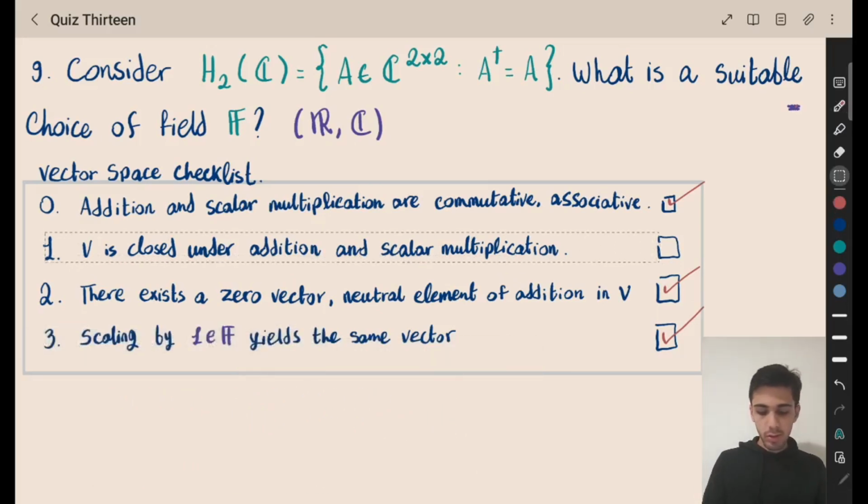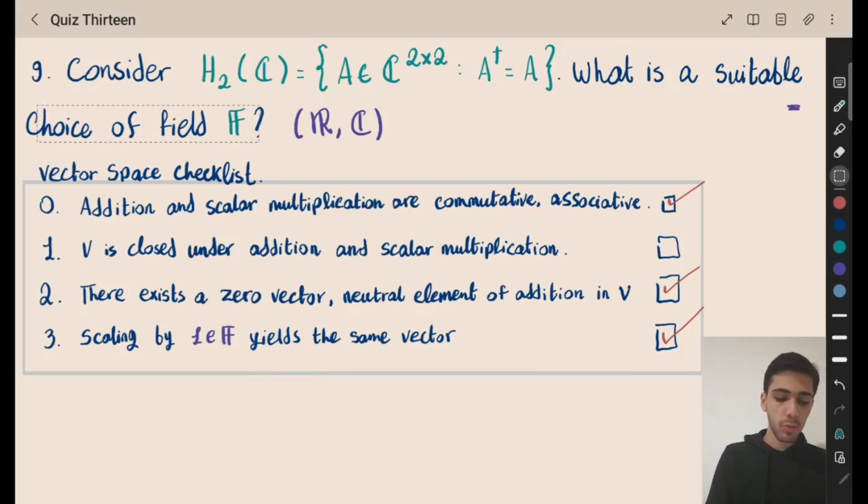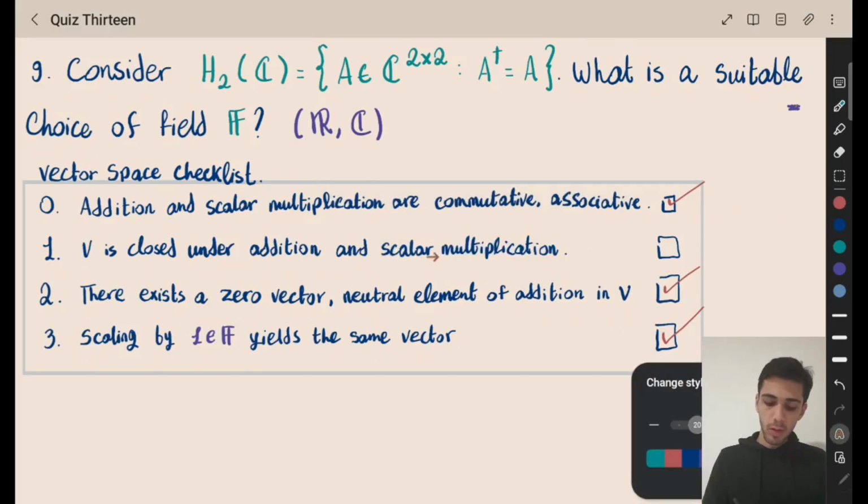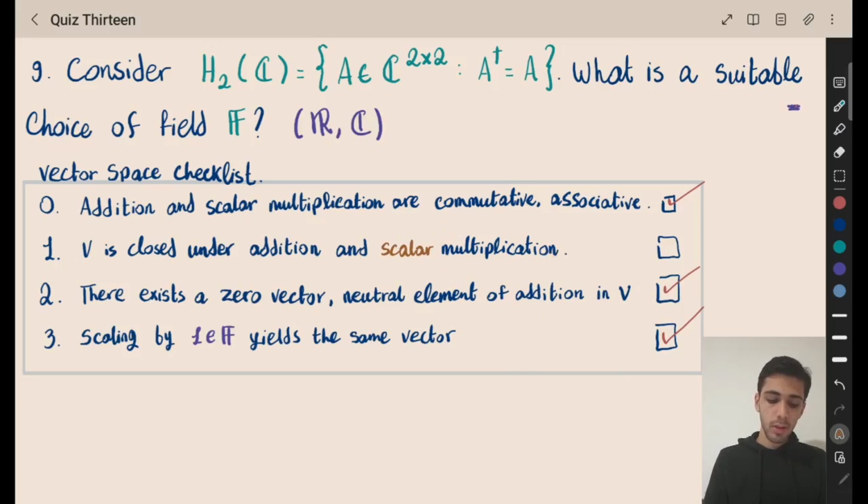This is the most interesting condition: closure under addition and scalar multiplication. Remember, we're looking to find the suitable choice of field, and then probably scalar multiplication is something we need to check, because this is the only significant element in checking that this is a vector space that involves a choice of field.